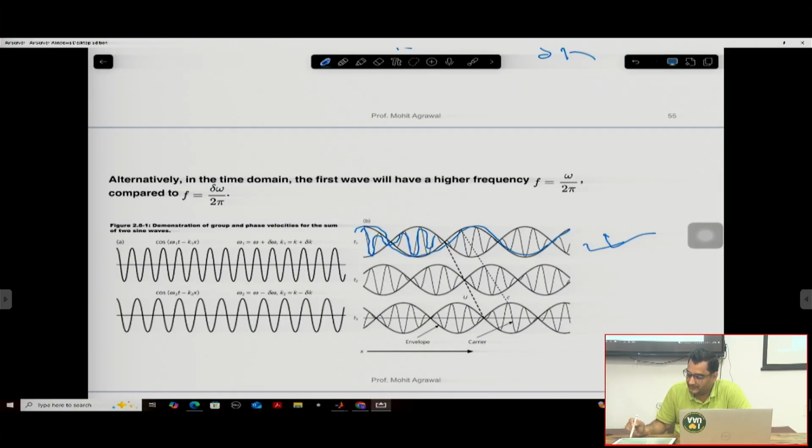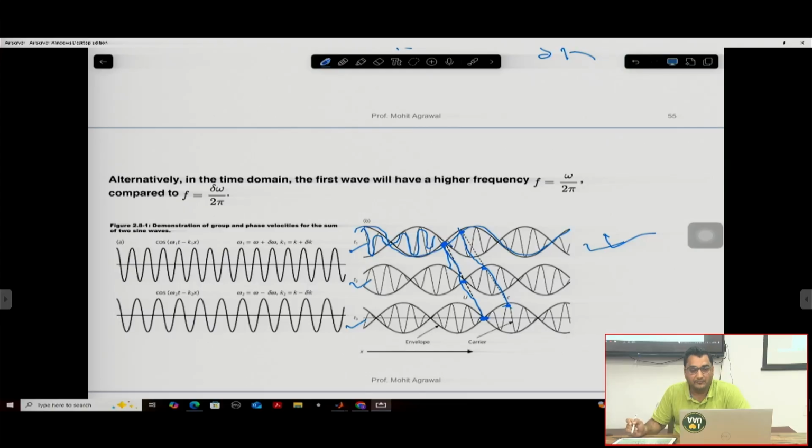If you look at this wave at different times, T1, T2 and T3, and consider a single point on the envelope wave here, in T2 it will have displacement here, and when you join them together it looks something like this. Likewise, if you consider the carrier wave and take this point, it will reach this point in T2, and the same point will reach this point in T3. When you join them together, it will look something like this.